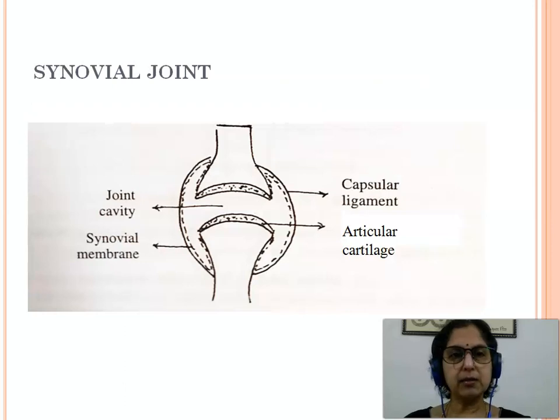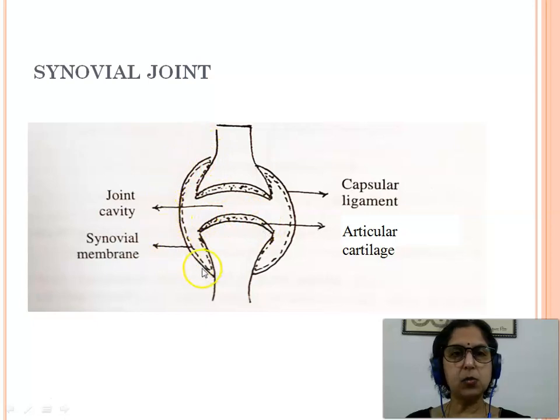What we see here is a diagram of a synovial joint. This is the proximal articulating bone and this is the distal articulating bone. These are the articular surfaces which are covered by hyaline articular cartilage.